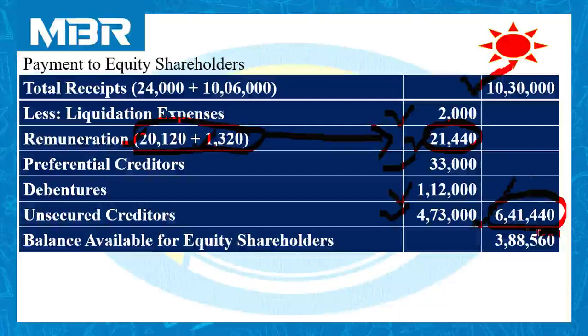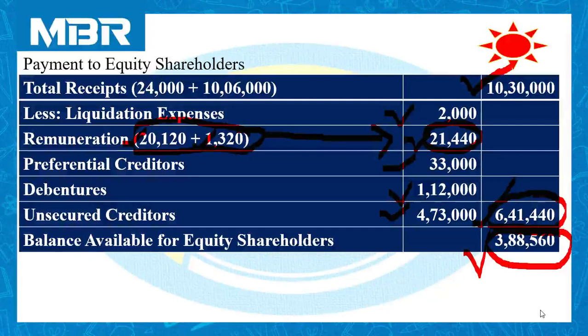So after making payment to different stakeholders, the amount available to the liquidator on hand is rupees 3,88,560.